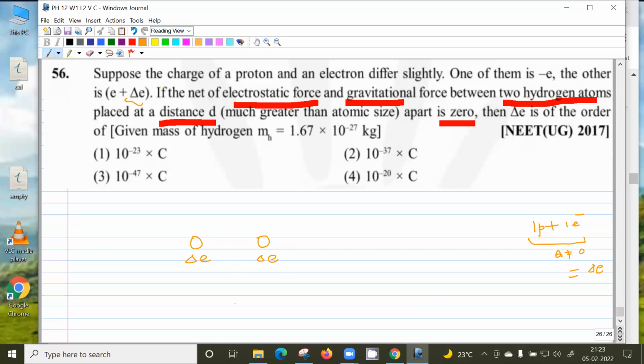So there will be a repulsive force, and the repulsive force is K delta e square by distance square, and this is balanced by the attractive force, which is G M square by D square. Is that correct? Yes, sir. So D square will go away.